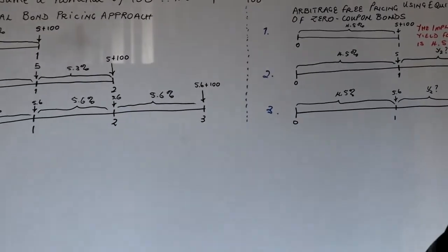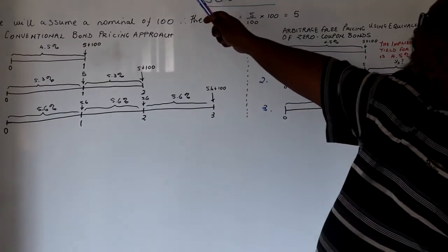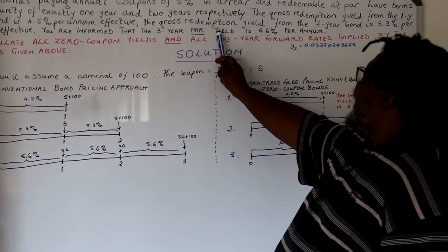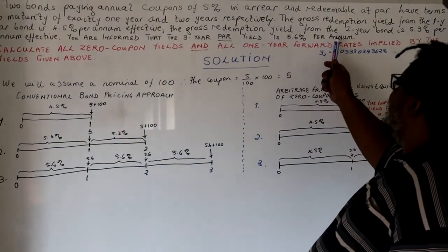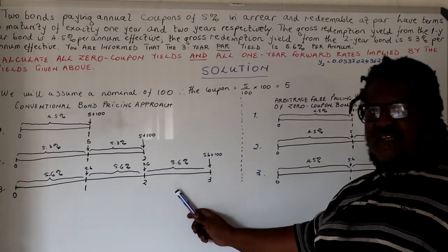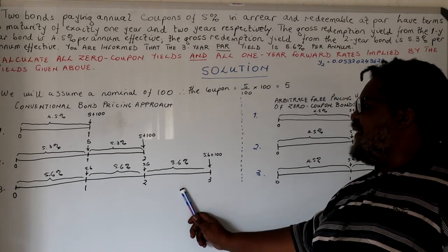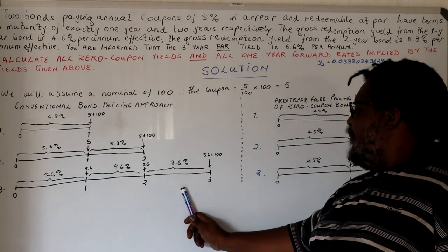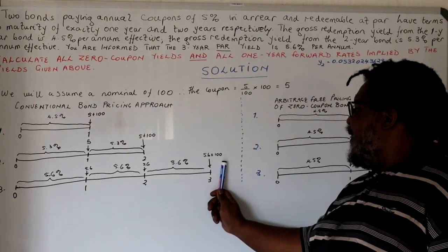And so basically from the definition that we have been given, that the 3-year par yield is 5.6 per annum, we already know that the net present value of this bond is actually 100, because it is a bond which is selling at its par value.